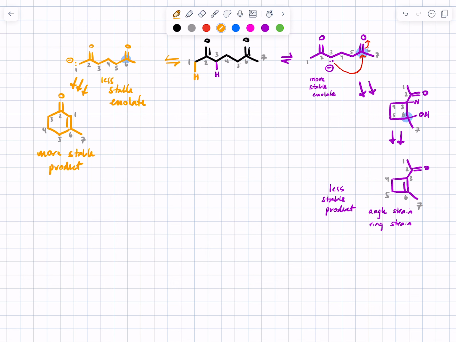So the amount of each enolate present determined how much alkylation should occur. In this case, even though we have more of this enolate present, more of the material is going to be drawn to this lower energy point.